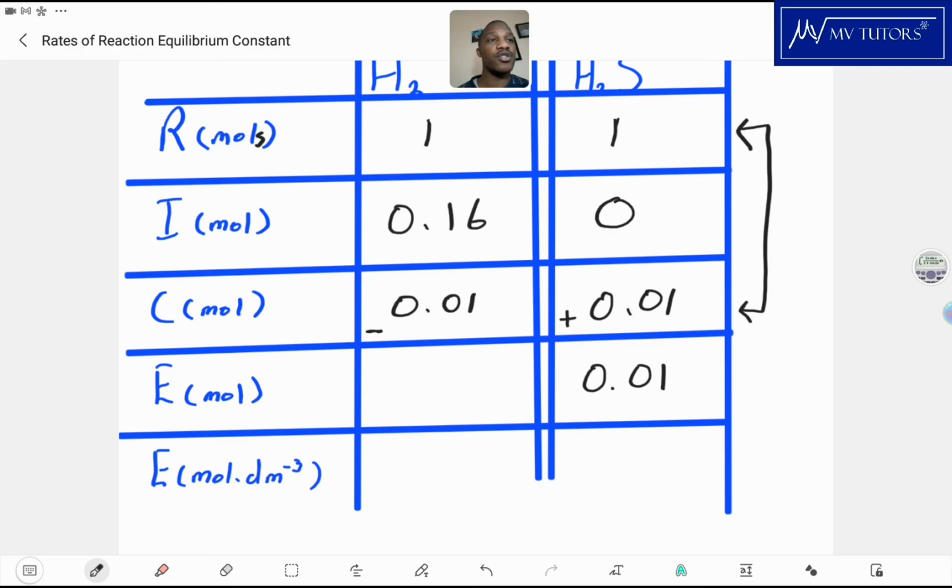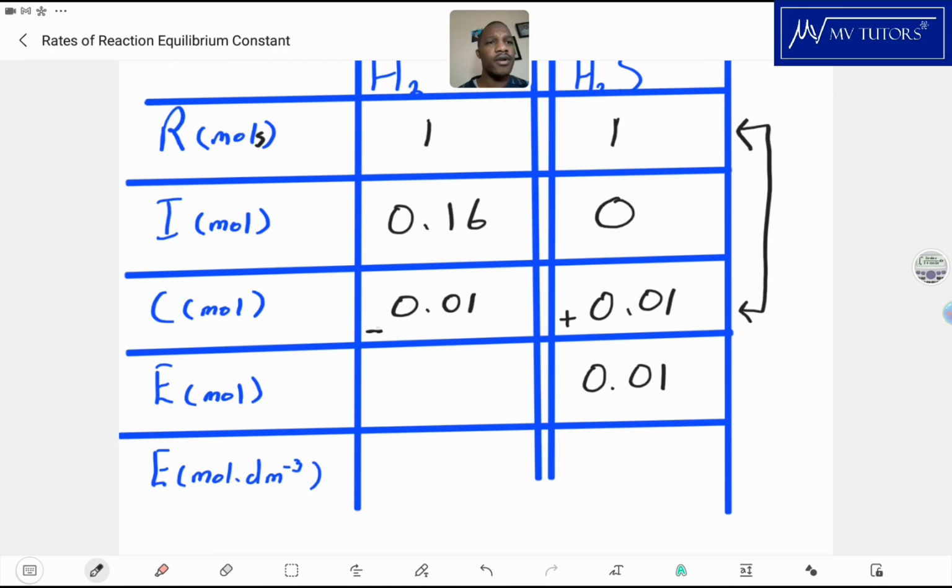If the ratio was 2:1, for example, or 1:2, then if we had 2 on H2 side, on the reactant side, then we'd need to double that and have 0.02. But because it's 1:1, it's exactly the same. Okay, that's the relationship. That's why we need the ratio, because it helps us put the change into perspective.